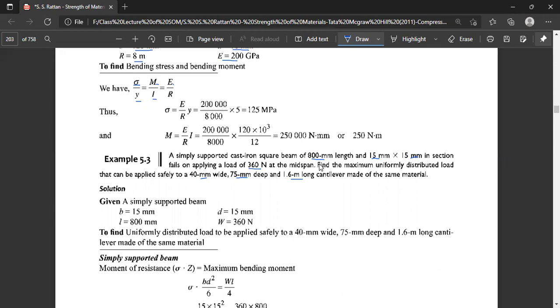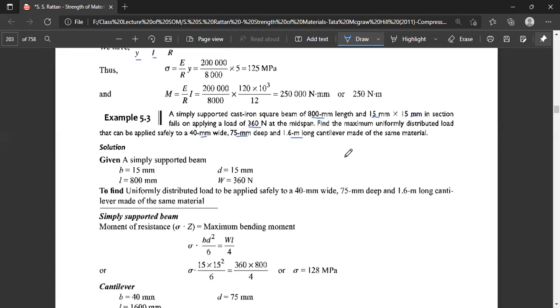This is a square, that's why width and depth are the same. L is the length, 800 millimeter, and the central load at the midspan, a point load, is 360 Newton.